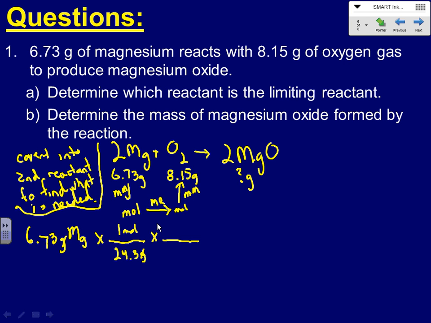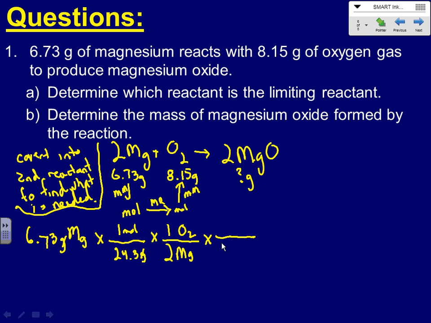Now I need the mole ratio. That's what it says in my map. I'm treating it just like I did last week. It's as if this number here doesn't exist. For every 2 magnesium, 1 O2 is needed. Really, that's what we're translating it to. I now want to convert that into grams of O2 so I can compare it.